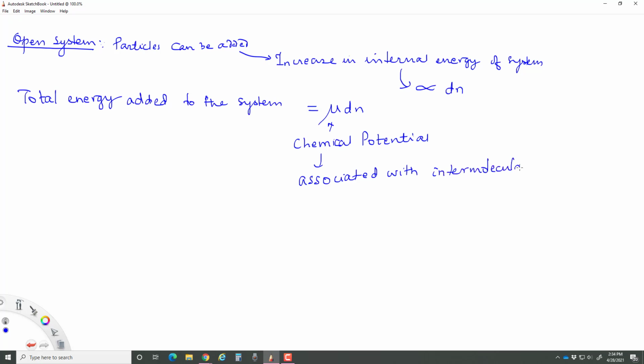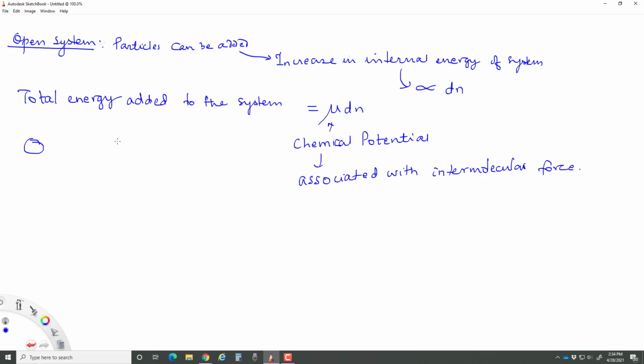Initially, when the particle is far away from the system, there is no interaction. You can say the potential energy and kinetic energy of the particle are zero.